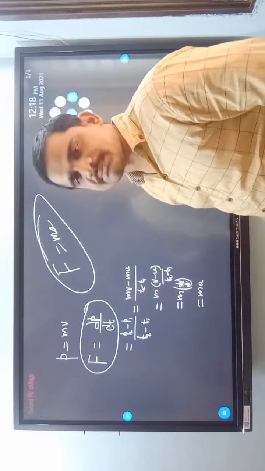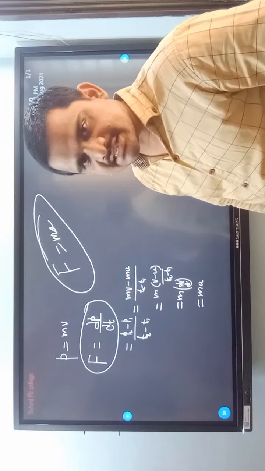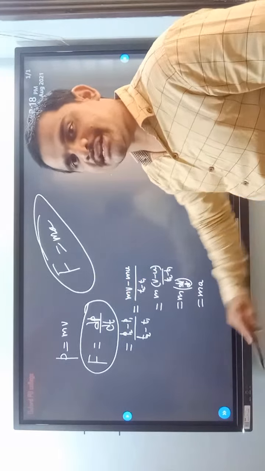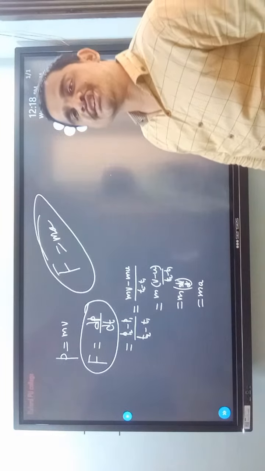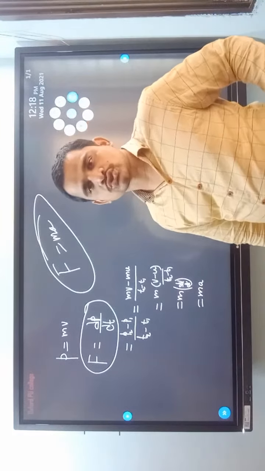Change dp indicates final momentum m into v minus initial momentum m into u, by change in time. The rate of change of velocity is acceleration. Therefore, force is ma.